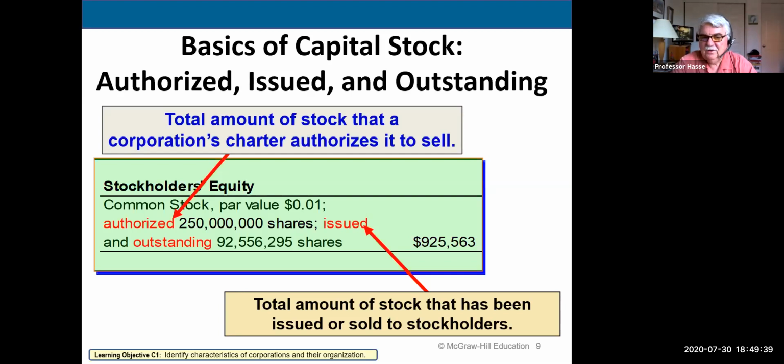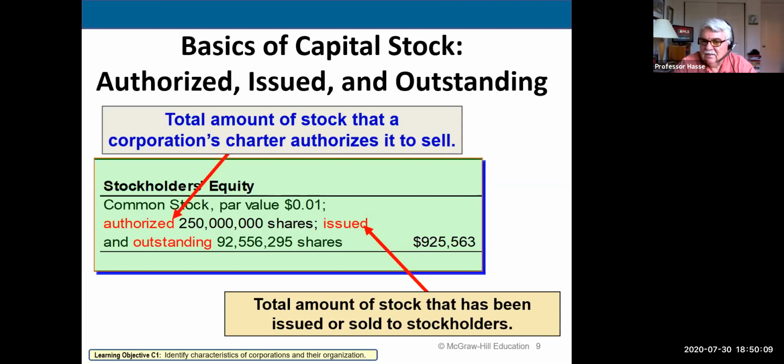And when those shares are issued, they are given a par value. That's the value that goes in the accounting records. So let's say a company issues 92,556,295 shares of stock. They can issue up to 250 million, but they've only issued 92.5 million up to this point. On their balance sheet, under common stock would be that number of shares times a penny.